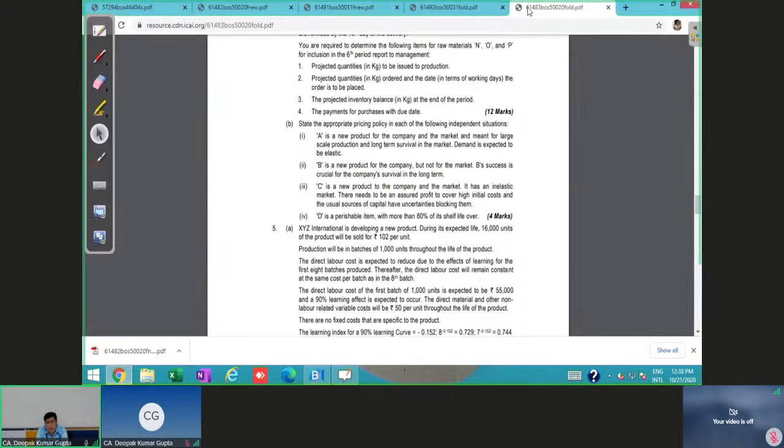Demand is expected to be elastic. B is a new product for the company but not for the market. B's success is crucial for the company's survival in the long term.